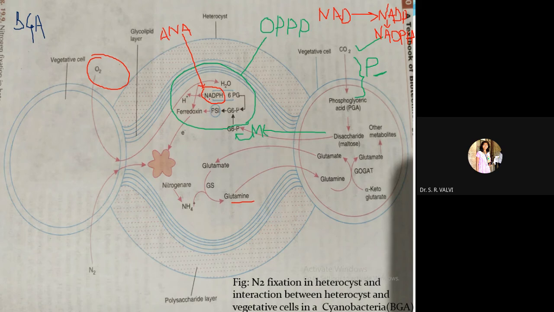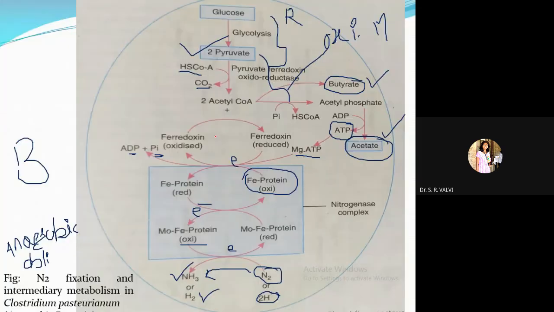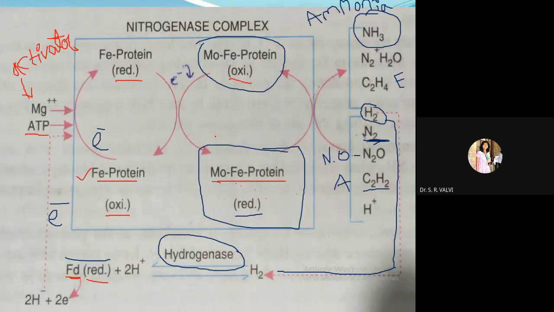In turn, see the next arrow, from photosystem 1, this reduced ferredoxin is also going to develop, right? Fine. Again I'm going to show you a previous slide. So why is this ferredoxin required over here? Because ferredoxin, when it is in reduced form, is going to give the electron, right?